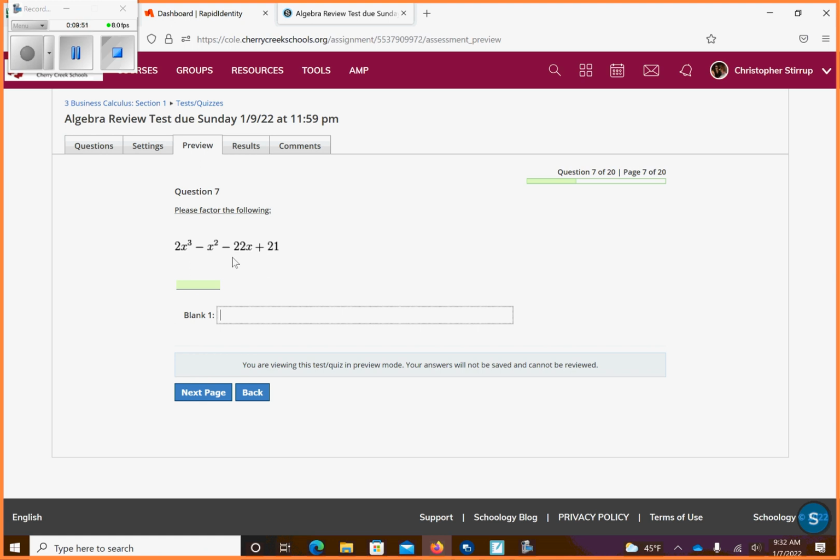I'd say graph it. Put it on Desmos. Being raised to the third power, it should cross the x-axis 3 times. So you're going to use synthetic division on each of those roots in order to get to the answer. And this one should be something like this.